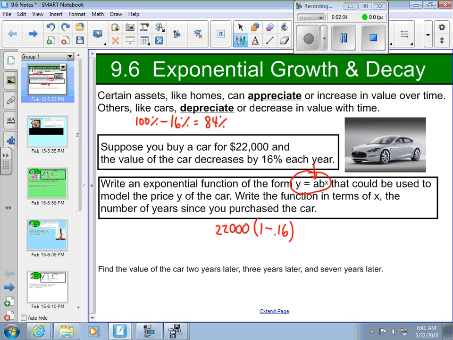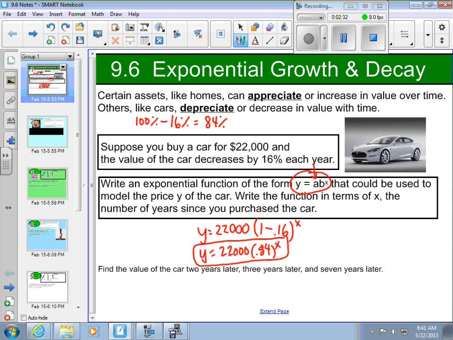That will then tell us what the value of the car is each year. The x would be our exponent. If you simplify that a little bit, that would be the same as the equation y equals 22,000 times 0.84 to the x power. So that's our general equation that we could use to find how much the car is worth at any year.